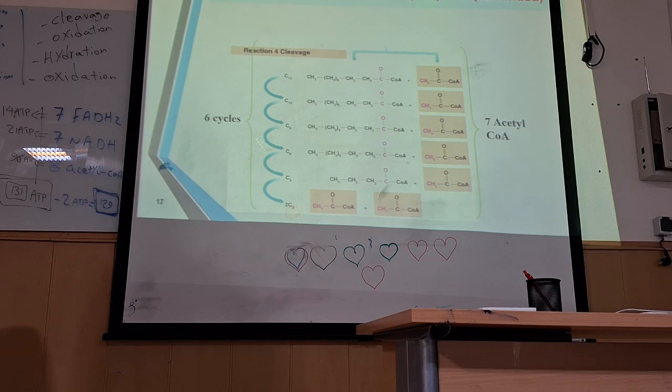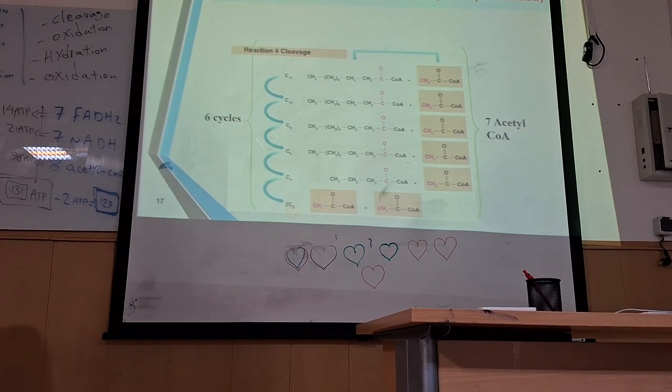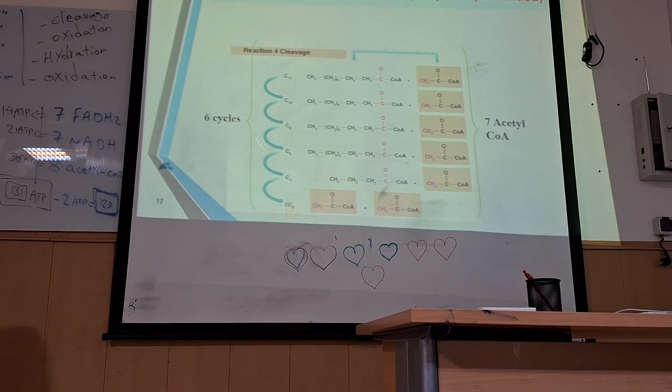Yes, exactly, it's a good question. They were saturated. And what do you think if we have an unsaturated one? If they were unsaturated, how many ATP is produced? What do you think?